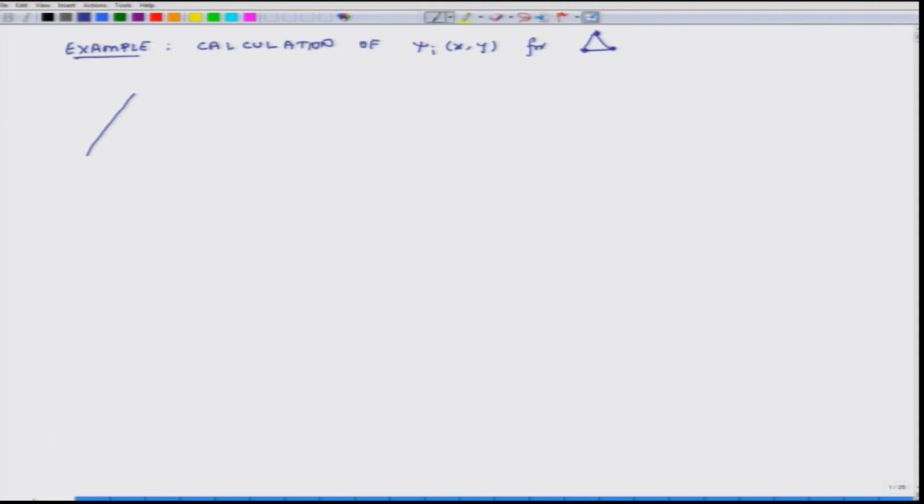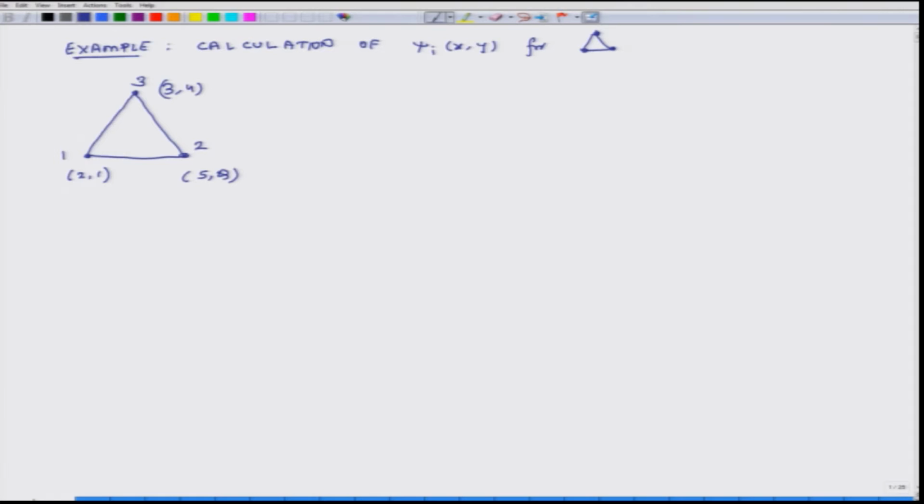Let us consider this triangle. This is node 1, this is node 2, this is node 3, and the coordinates of node 1 are 2 and 1, coordinates of node 2 are 5 and 3, and coordinates of node 3 are 3 and 4.